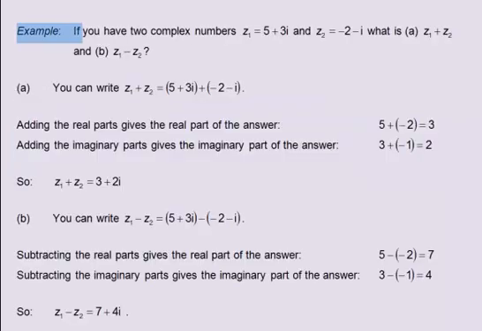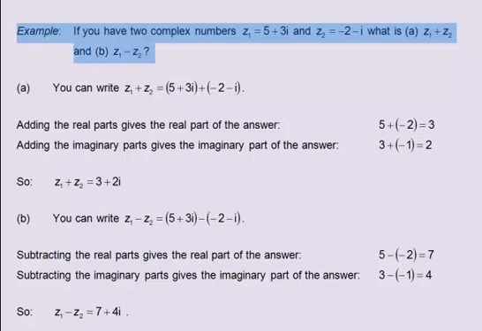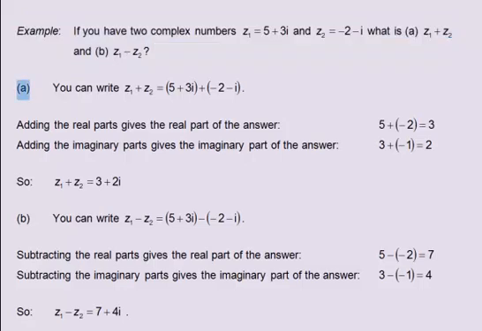Example: if you have two complex numbers, z1 equals 5 plus 3i and z2 equals minus 2 minus i, what is A, z1 plus z2, and B, z1 minus z2? A. You can write z1 plus z2 equals 5 plus 3i plus minus 2 minus i.